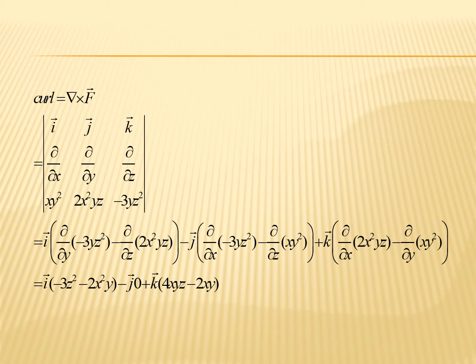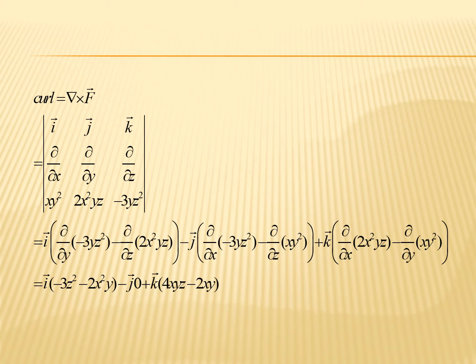In this step, differentiating partially with respect to y, I get minus 3z square, and differentiating partially with respect to z, I get 2x square y. So this is for the i vector. For the coefficient of j vector, differentiating with respect to x, I don't have any x term, so 0, and differentiating partially with respect to z there is no term, so 0.